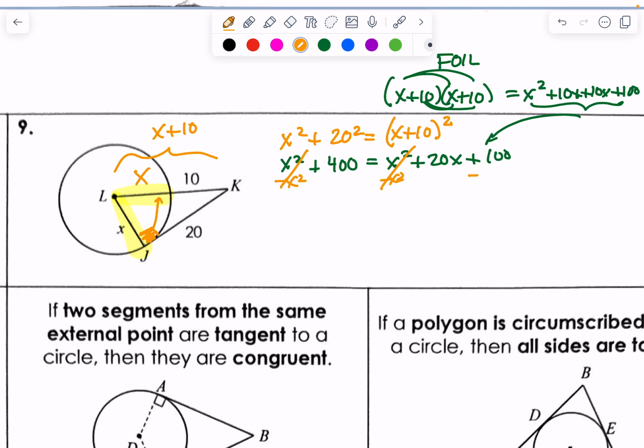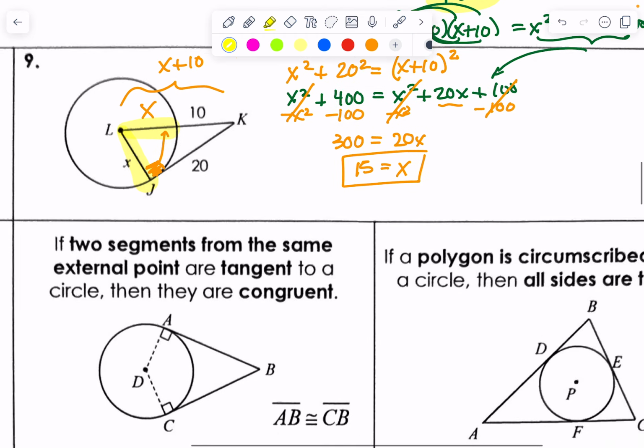So I'm also going to subtract 100 from both sides, because then I have just an x here and a number here. So 300 equals 20x. X is 15. So don't let it be too freaky just because it's got an x squared in the equation. You learned how to FOIL last year. This is not new. So you can do this.